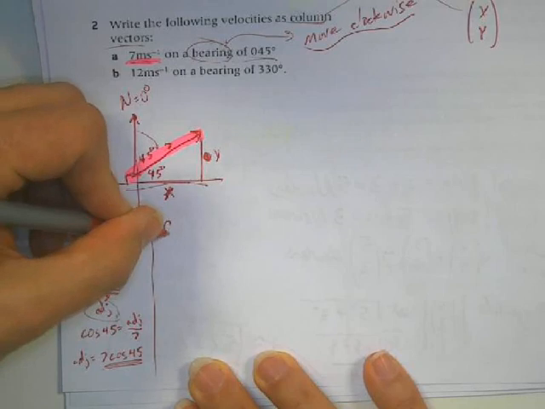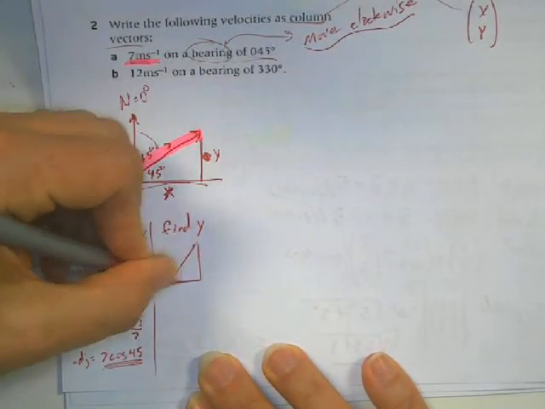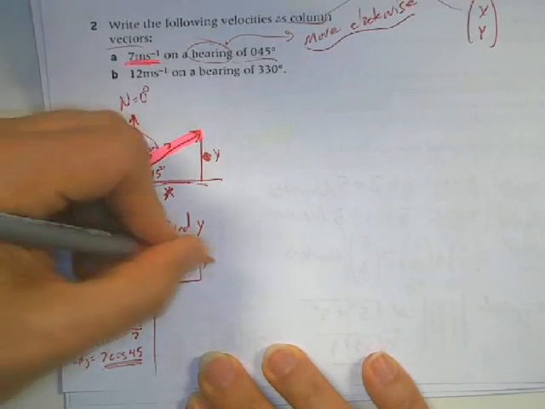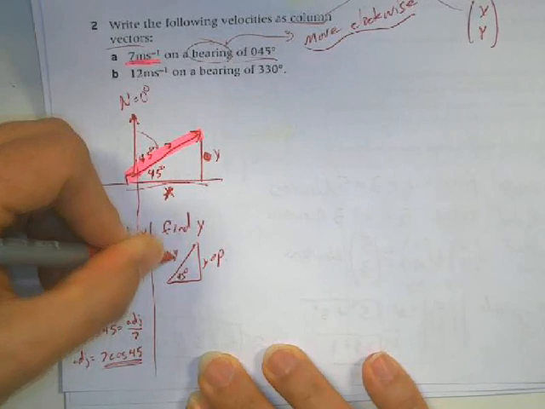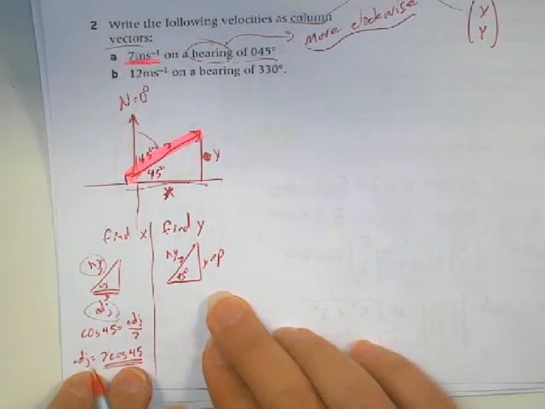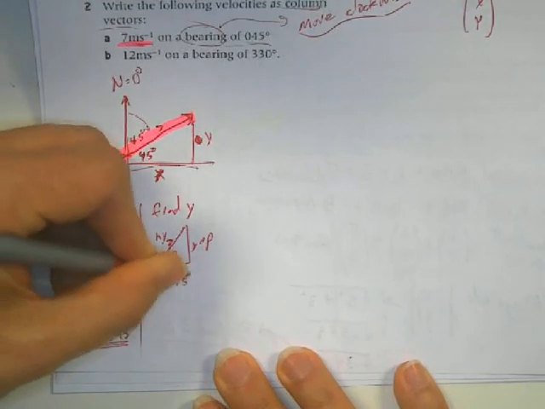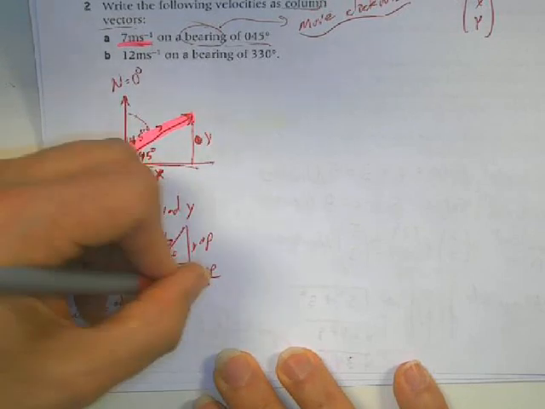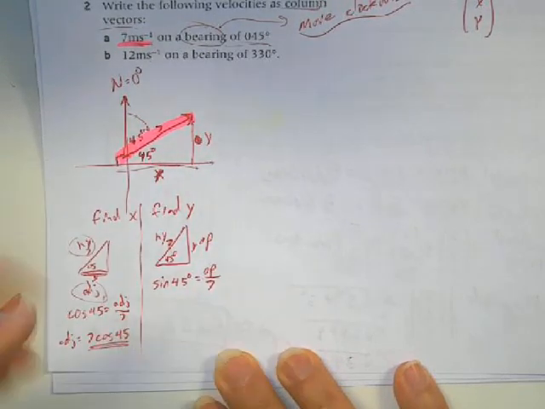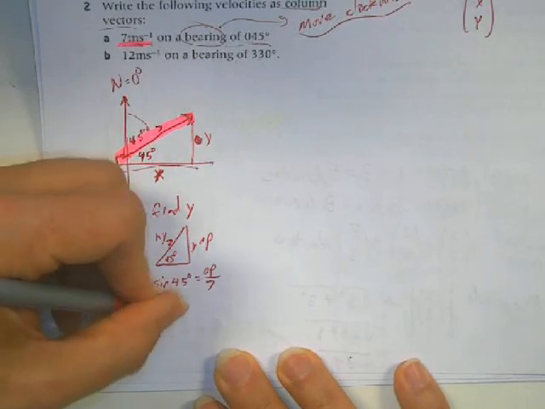We need to find y, and to find y, this is opposite, this is the hypotenuse, and we know that length is 7, so if I'm using opposite and hypotenuse, I'm going to use sine. So now I can rewrite this as sine 45 degrees equals opposite over the hypotenuse, which is 7. And so now I can rewrite the opposite side, my y value, as 7 sine 45.